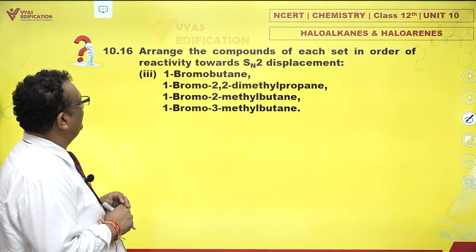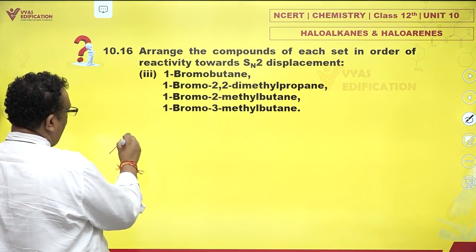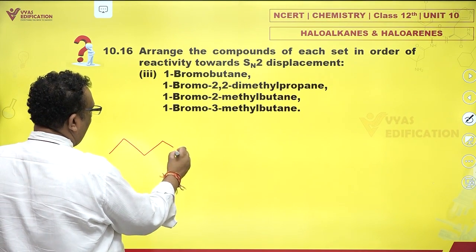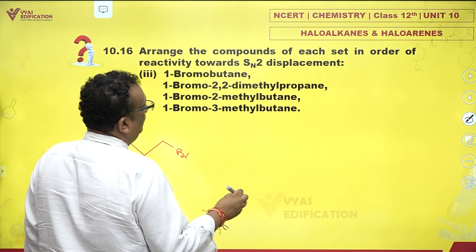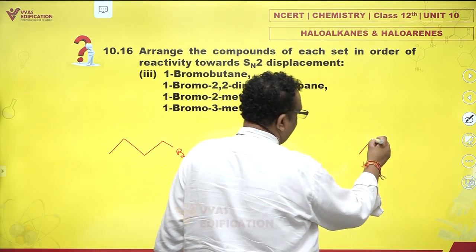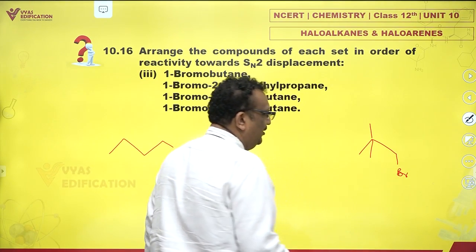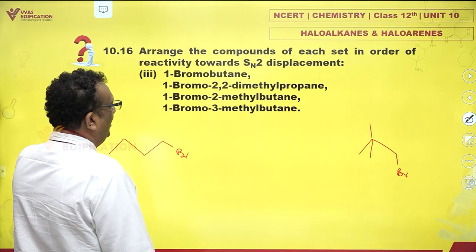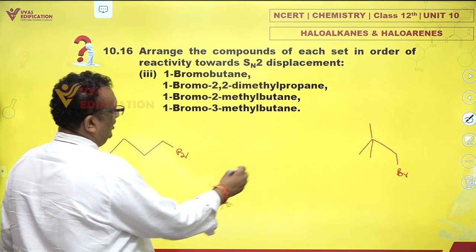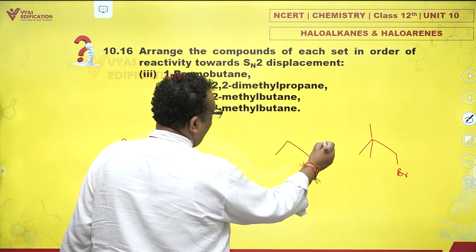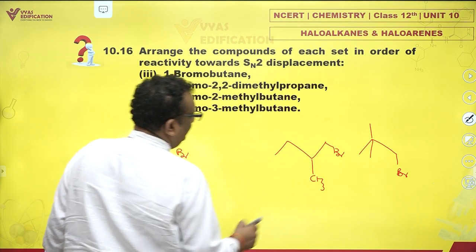Simple reason. Third one, I have bromobutane. Lovely. I have 1-bromo-2,2-dimethylpropane. This is horrible, neopentyl bromide. And then I have 1-bromo-2-methylbutane. Okay. I have butane, 1-bromo, and 2-methyl.